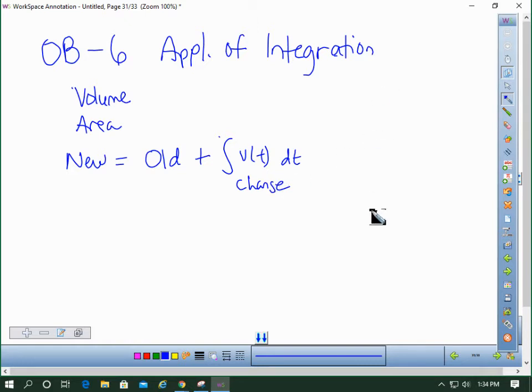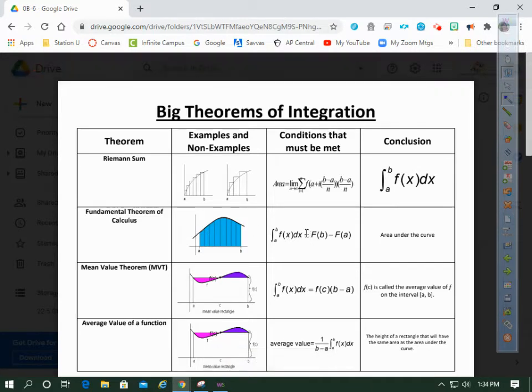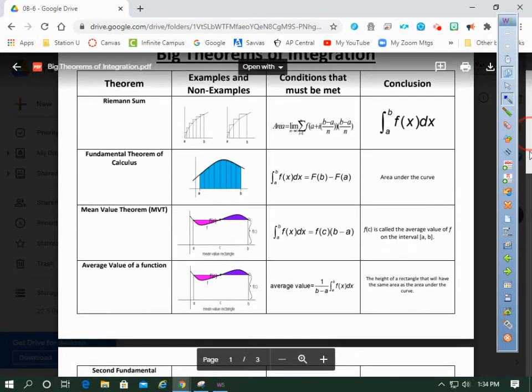Let me just show you the chart that I'm going to be giving you, or that you may have already seen because it's in your lessons. There's this big theorems of integration table that organizes everything that we learned last year and some this year. So Riemann sums, we reviewed that a little bit this year.